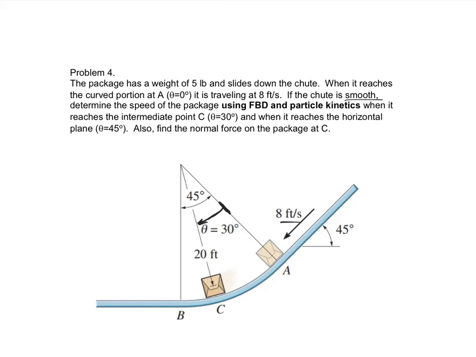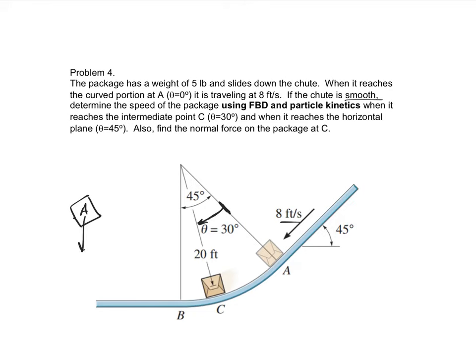All right, so a lot to think about here. But I need a free body diagram. I need particle kinetics. So I'm going to draw my free body diagram up here. So here's a free body diagram at A. And let me draw this at any angle, not at one specific angle, but at any angle.